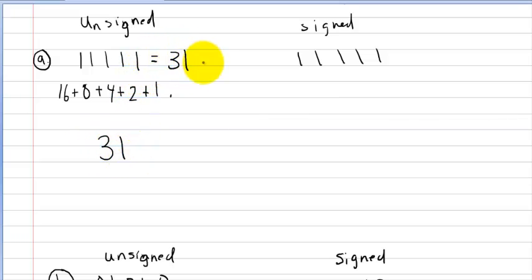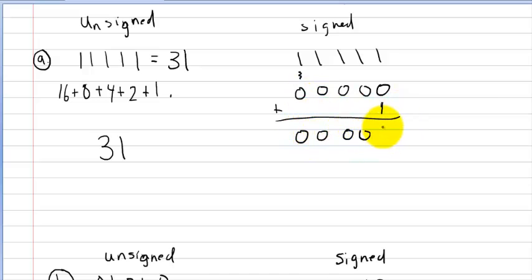Let's put 31 next to that one. Now we're going to treat the same number as signed. The first value indicates that this is negative, and whenever we have a negative value, we have to use 2's complement and convert the number. So I flip all of these bits and get 0, 0, 0, 0, 0. Then I add 1, which turns this into 0, 0, 0, 0, 1, and this is equal to 1.